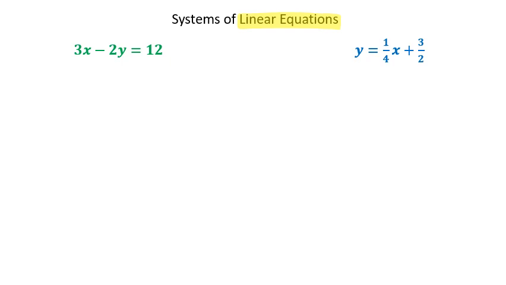There's no x squared, x cubed, square roots of x, y squares, no exponents other than 1. No x's or y's in the denominator of a fraction. Right? X to the first power, y to the first power, and an equal sign. If it's got those three, we call it a linear equation.